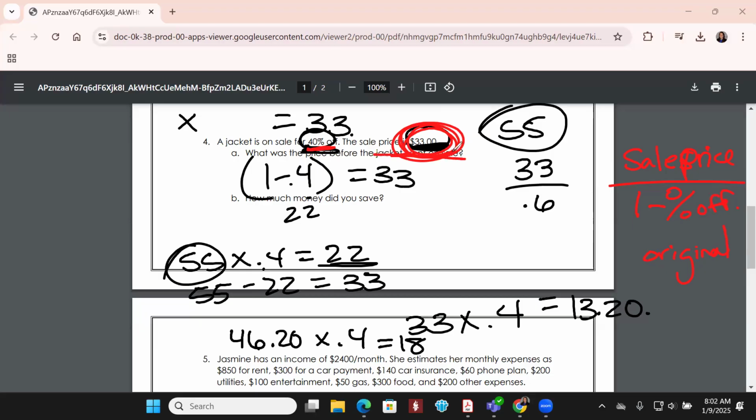Okay, so if they give you sale price, you're going to divide it by 1 minus the percent off. Good? That's why you got to read. We got to pay attention to what they're asking. Good? We okay? Okay. All right.